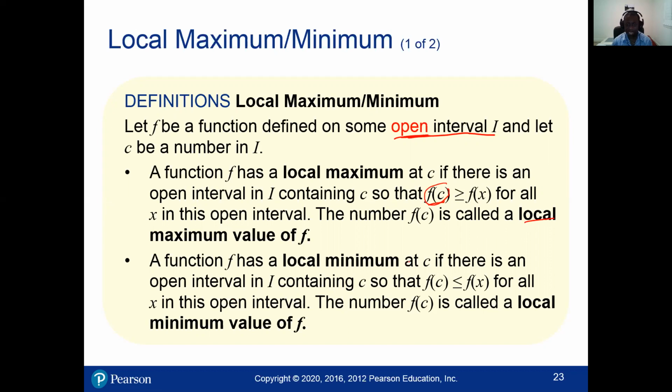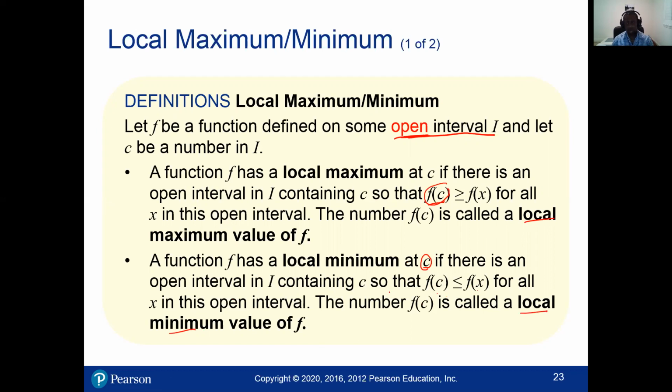On the other hand, if the open interval contains a c, and you evaluate the function at c and also at any other x in that open interval, and f of c happens to be the smallest, then it is a local minimum.